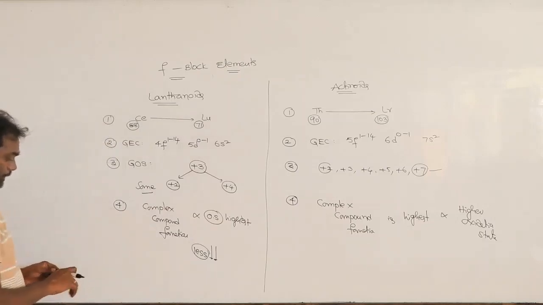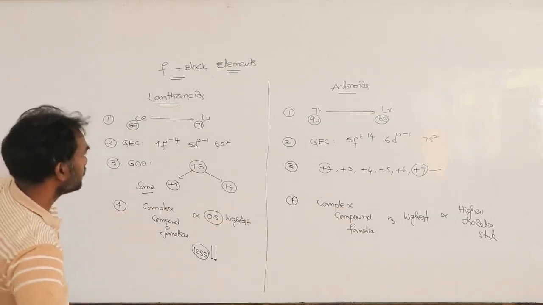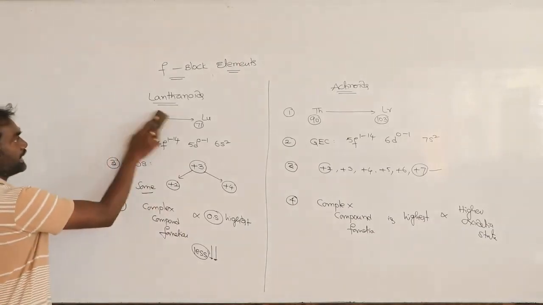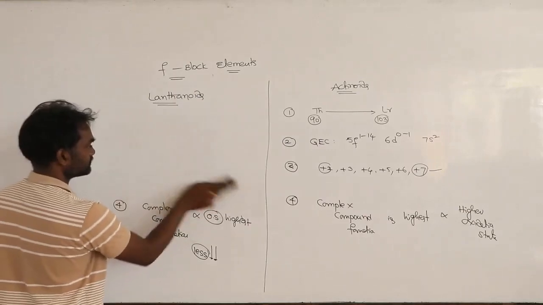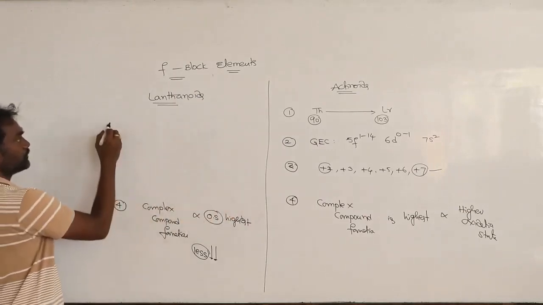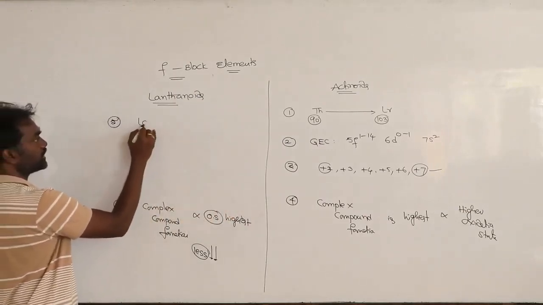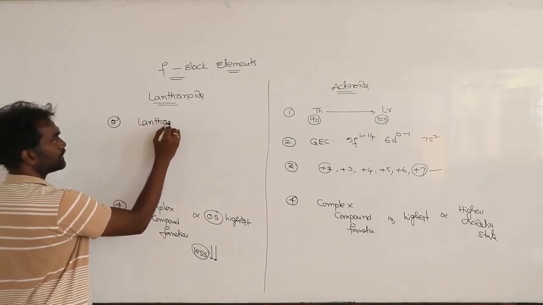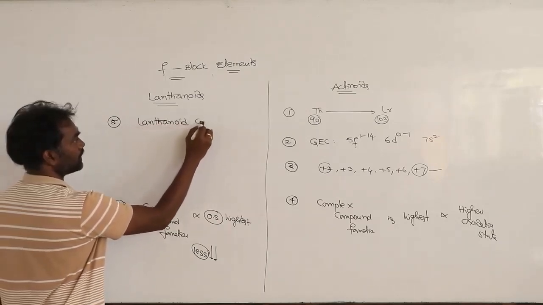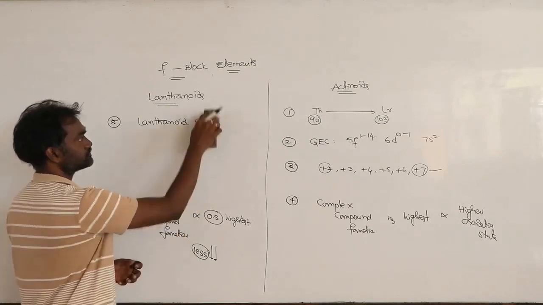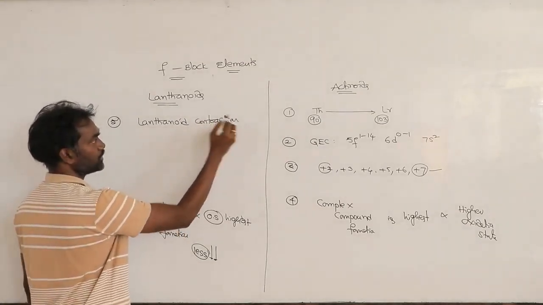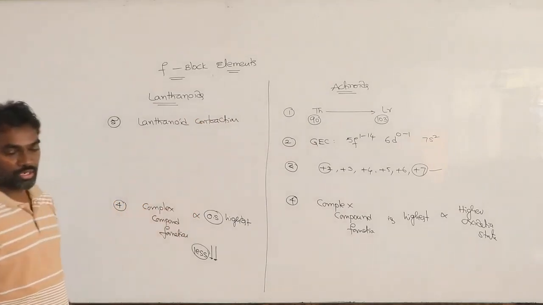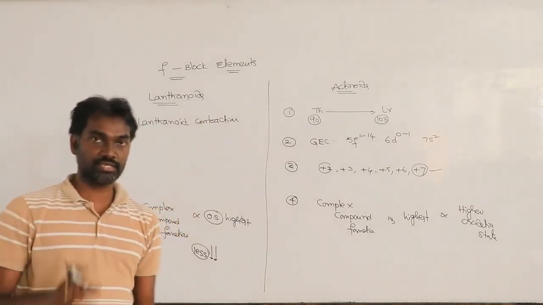Next, these are showing lanthanide contraction. So this is important. It is already available in your first year chemical bonding chapter, and oxidation states also.